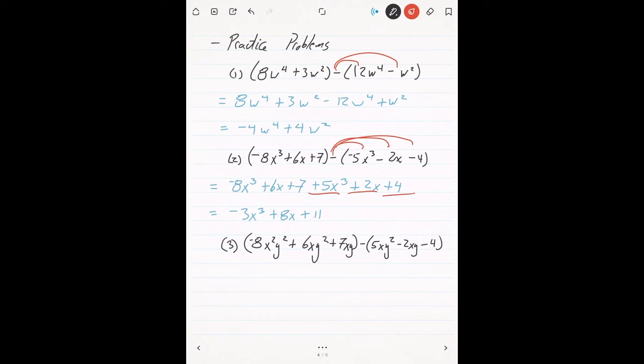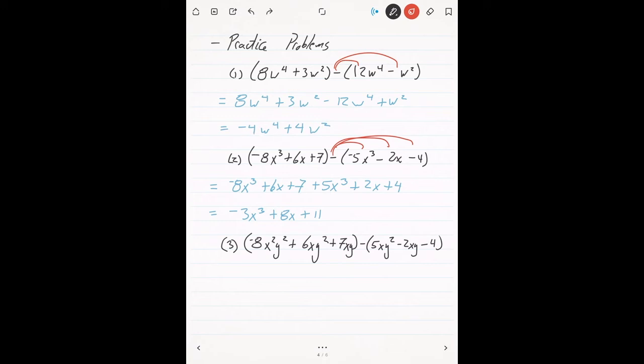So again, we're being careful. We're just changing all of the terms here. And you'll see we ended up with a large expression with no parentheses needed. And then it just became a matter of combining the like terms. For 8w to the fourth and negative 12w to the fourth, we would end up with a negative 4w to the fourth.